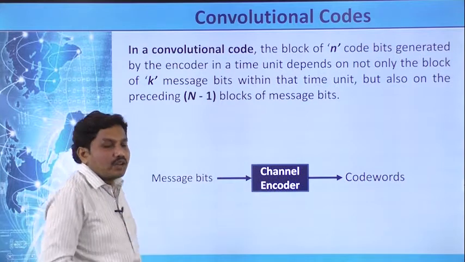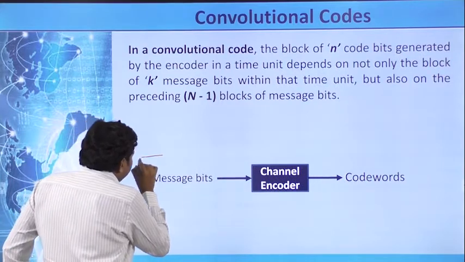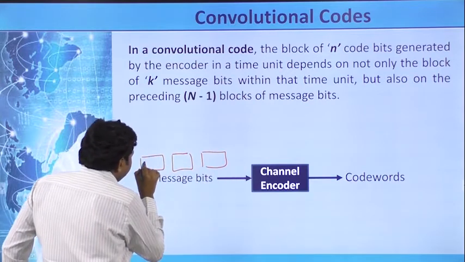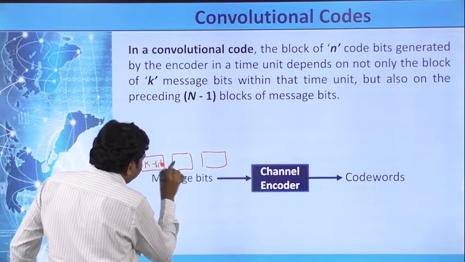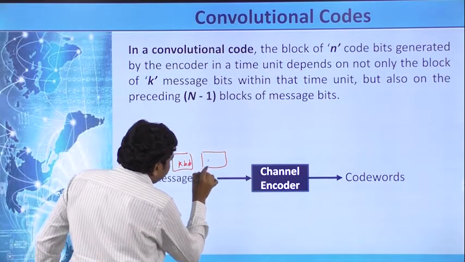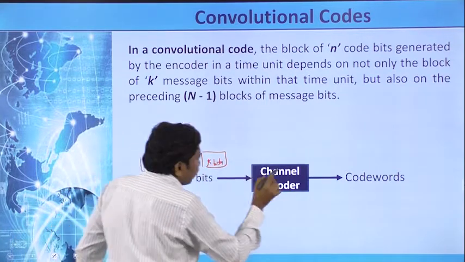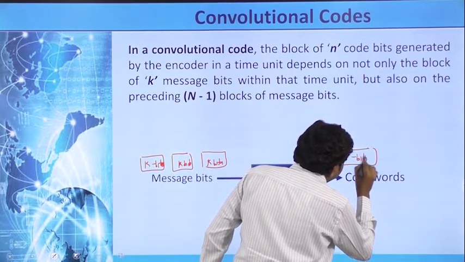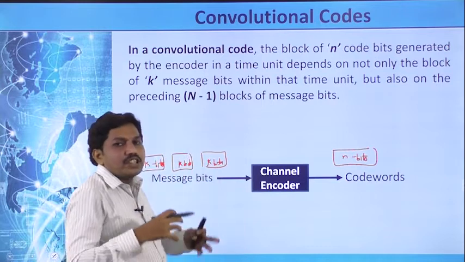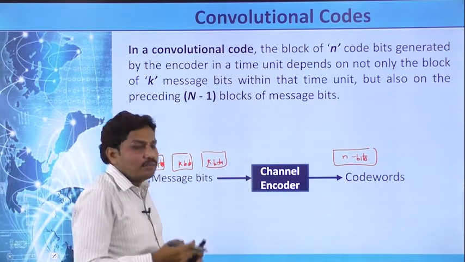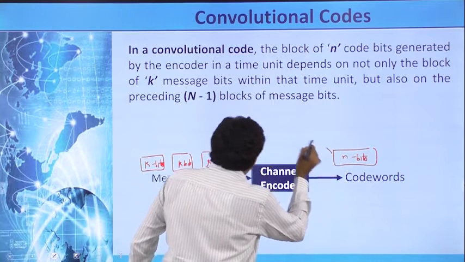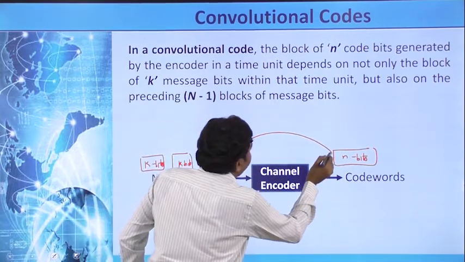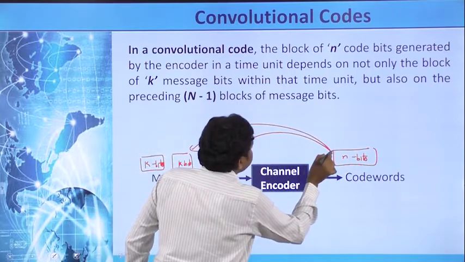Whereas in case of convolutional codes, I am considering here 3 message blocks. So k bits, k bits, k bits. So the output of the channel encoder is n bits. The present output of the channel encoder at a particular time unit not only depends on the present k message bits, it will also depend on the previous bits.